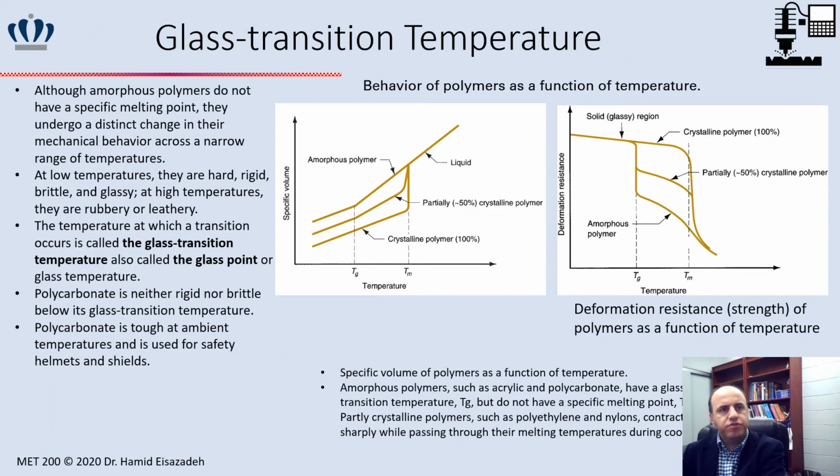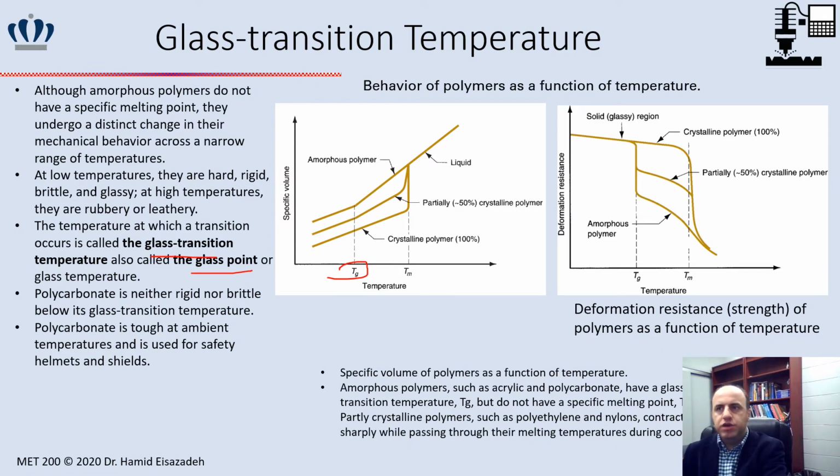In the amorphous polymers, actually we don't have a melting point, but we have a certain temperature point where the mechanical property of the polymer is going to change significantly. And that temperature is called glass transition temperature, or Tg.